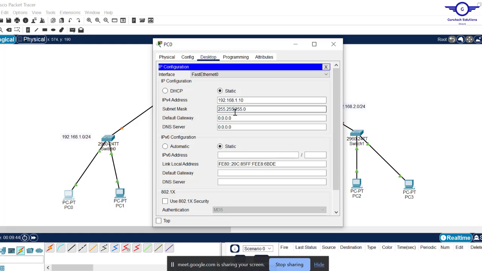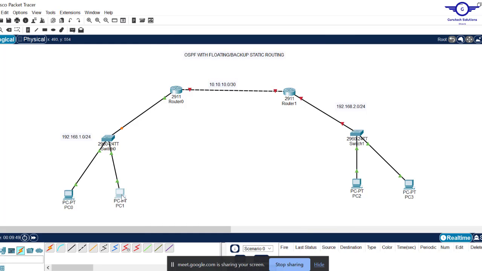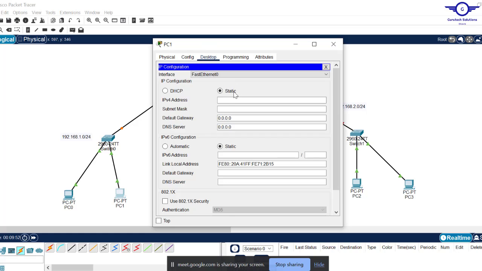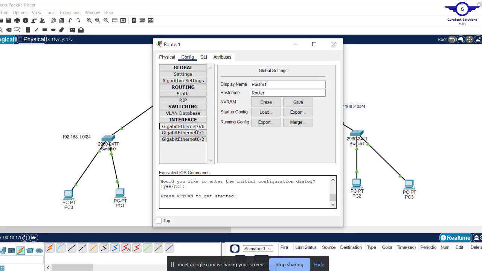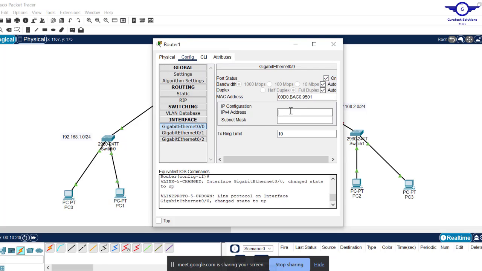Let's say 10, and the default gateway is 1.1. I go here also, 20, default gateway 8.1.1. Okay, so we go to this side. If this one was 10.10.10.1, this one should be 10.10.10.2. I go there to gig 0/0, turn it on first, then 10.10.10.2.